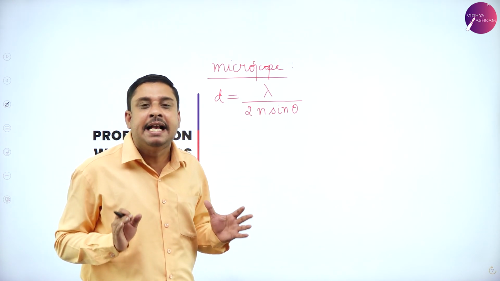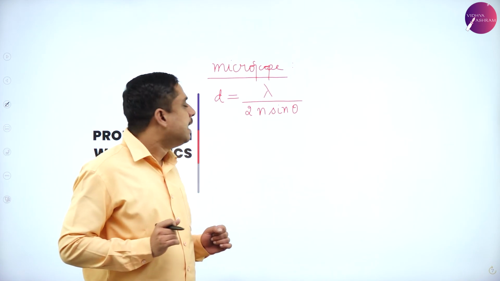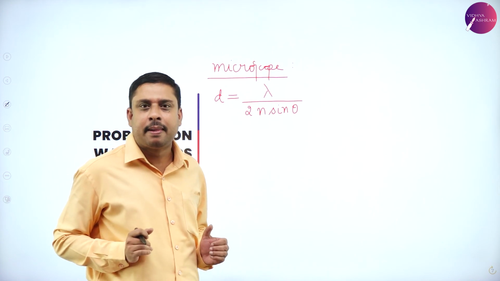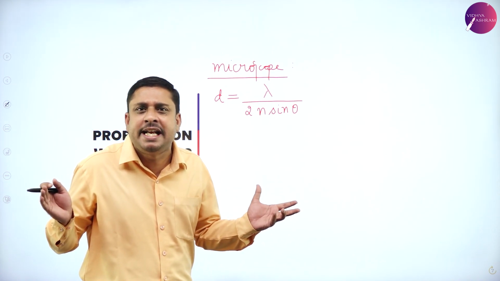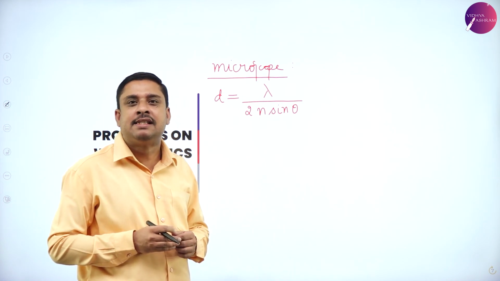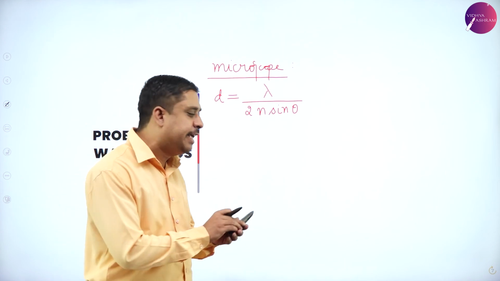Separately, n is the refractive index. Theta is the cone angle. And they have not mentioned any medium like oil or something, which means n is the refractive index of air.